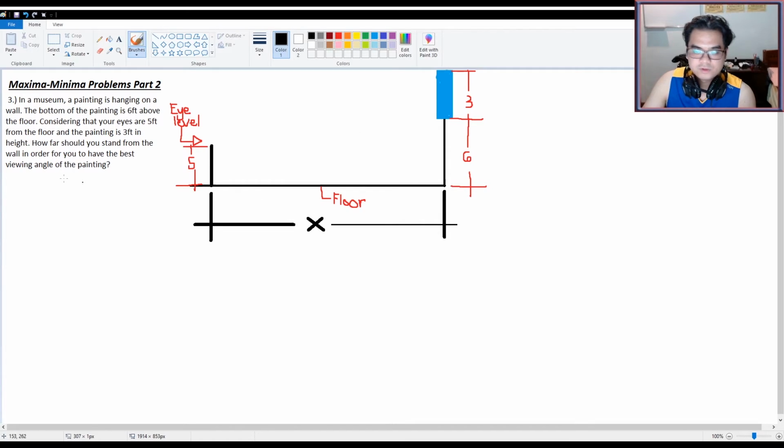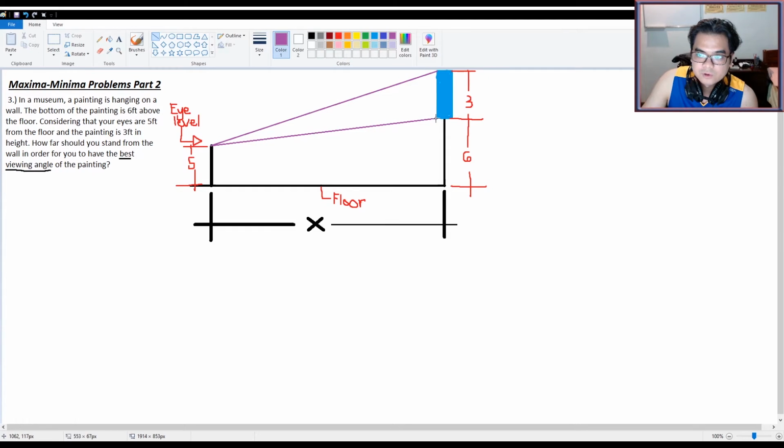Okay, so all you have to do is, I have to consider that we are asked to find the best viewing angle. If I connect, so this is your eye level, from here to the top of the painting, and from here to the bottom of the painting, I will just connect another straight line here.